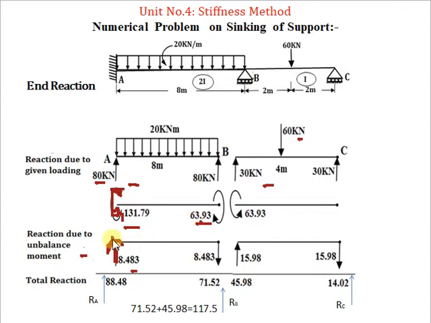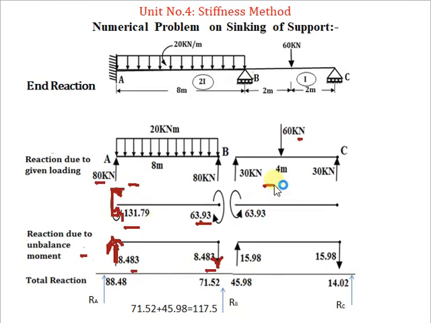So once this arrow is shown in upward direction, then look toward the far end and mark the same magnitude force, 8.483, opposite to the first one, in a downward direction. Okay, so it will form the couple to make this 131.79 moment in a balanced condition.